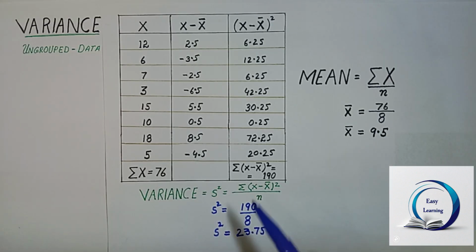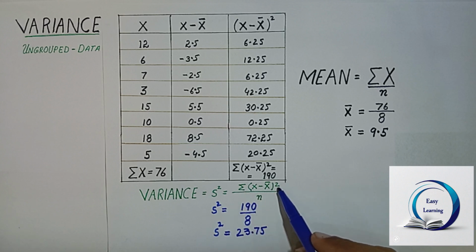The formula for variance is sigma square, or s square, equals summation x minus x bar whole square divided by n.